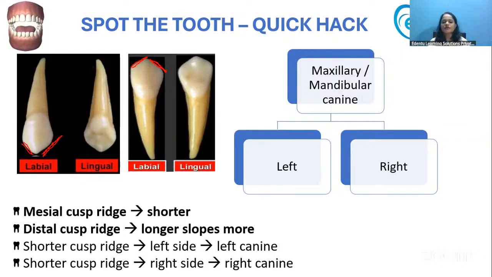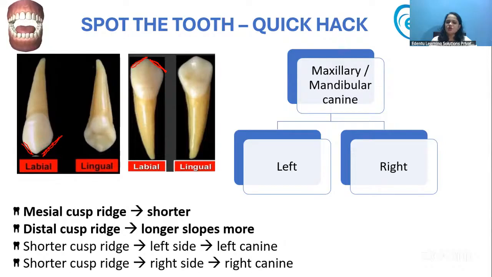Once you identify the mesial cusp slope, look at where it is. If the mesial cusp slope is on the left side, then it is a maxillary left canine. So this canine is a maxillary left canine because the mesial cusp slope is on the left side. Now, look at this tooth.